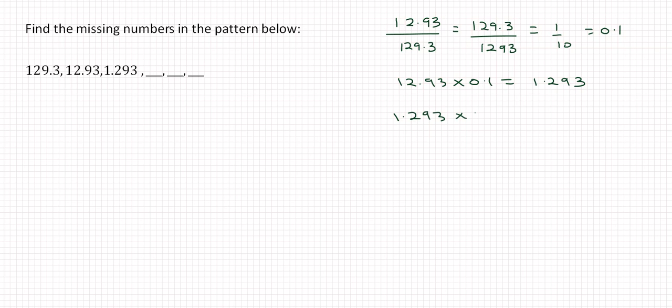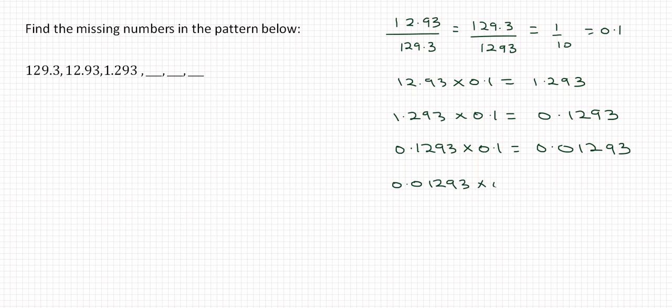1.293 multiplied by 0.1 is going to give us 0.1293. 0.1293 multiplied by 0.1 is going to be 0.01293. 0.01293 multiplied by 0.1 is going to be 0.001293.